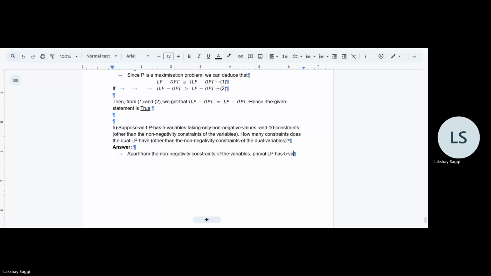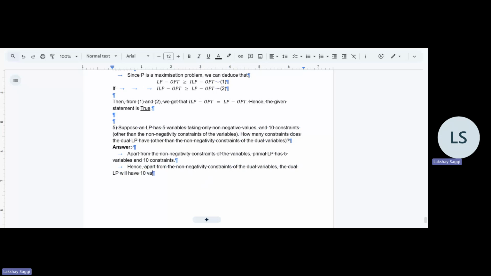The primal has 5 variables and 10 constraints. And what this means is that, apart from the non-negativity constraints of dual variables, the dual LP will have the number of constraints and variables interchanged between primal and dual.